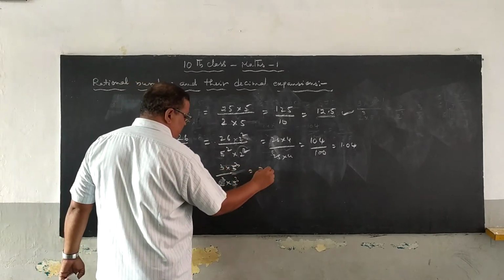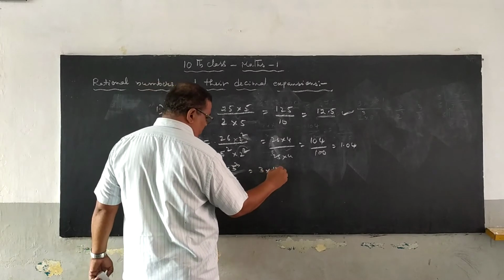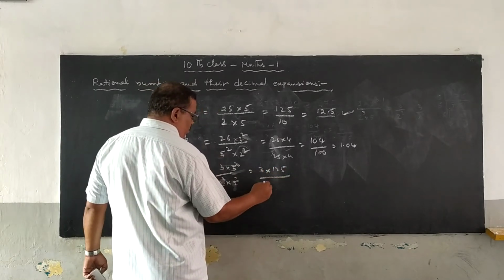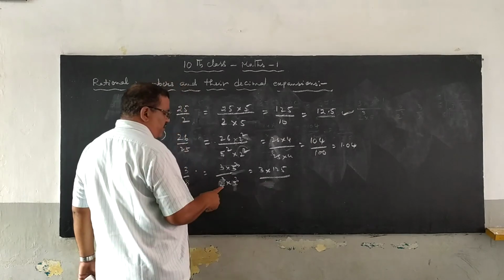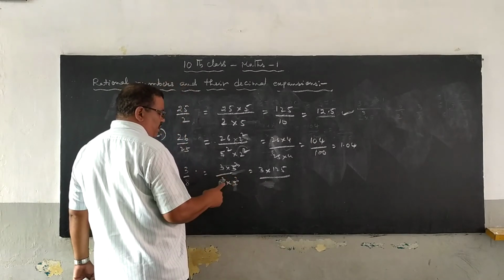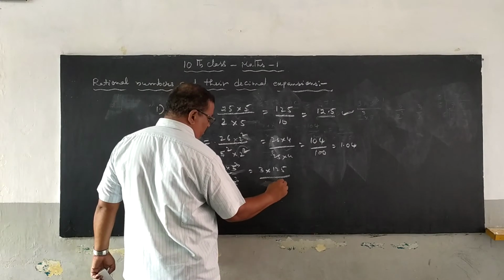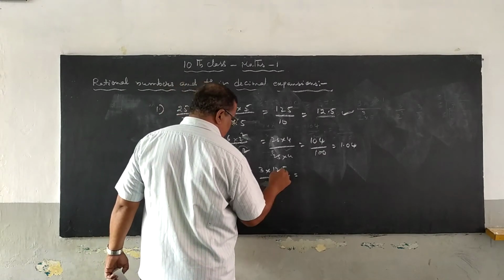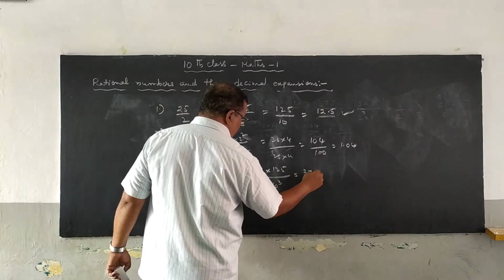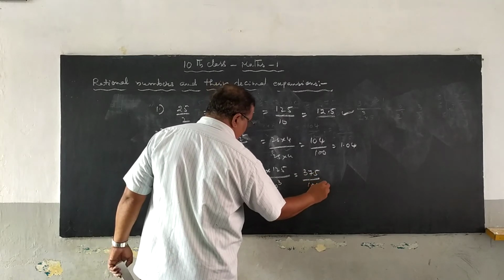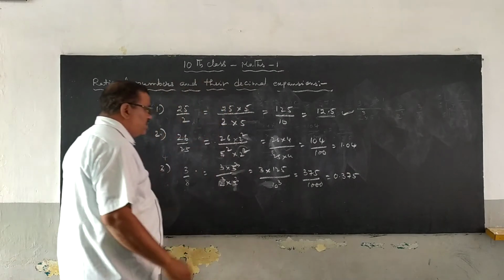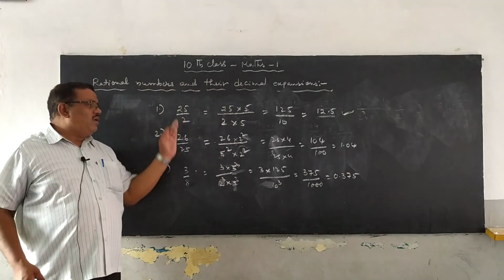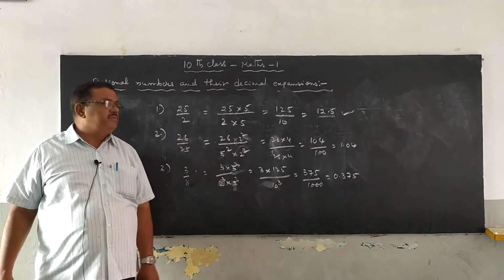The value is 3 into 5 cube is 125. 2 cube value is 8. Using a power m into b power m equals ab whole power m, 2 cube into 5 cube is 10 cube. That is 375 by 1000. Finally, you get 0.375. This is how the rational form changes into decimal form.